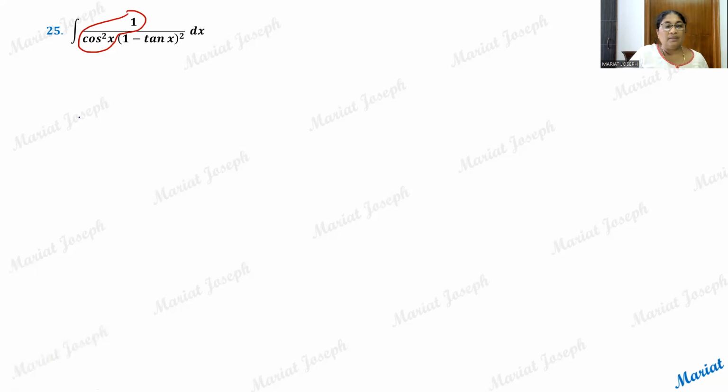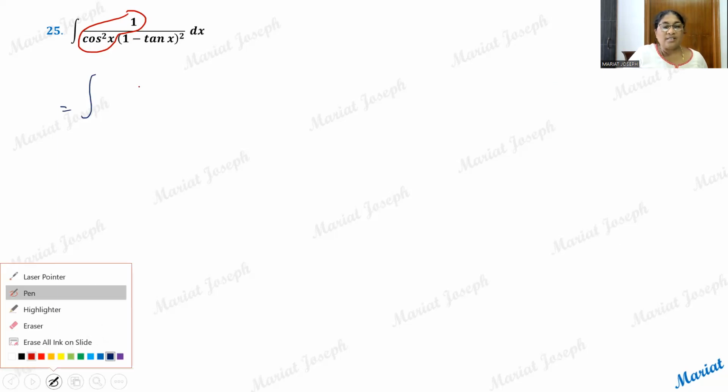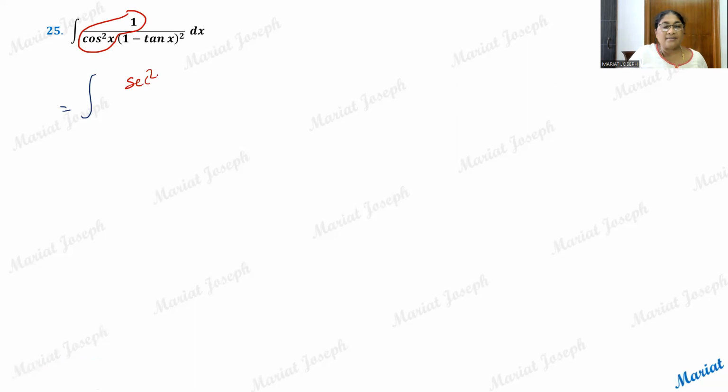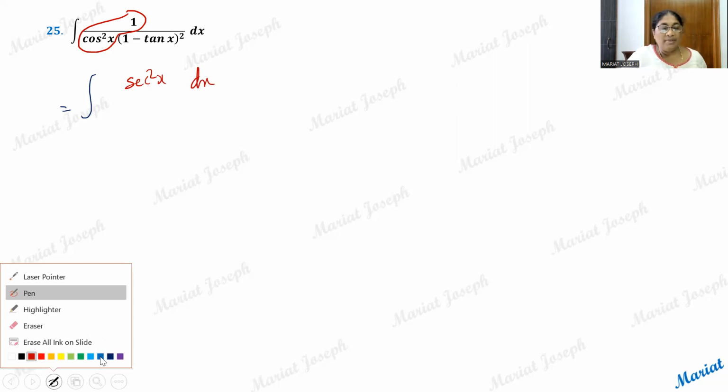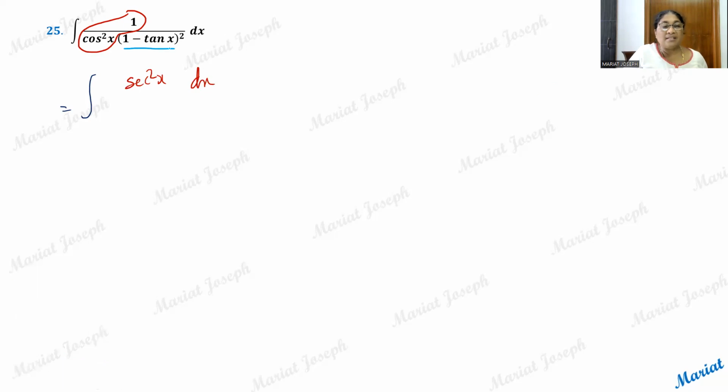It is equal to integral 1 upon cos square x, you change as sec square x dx, and the denominator we keep as it is, upon 1 minus tan square x.